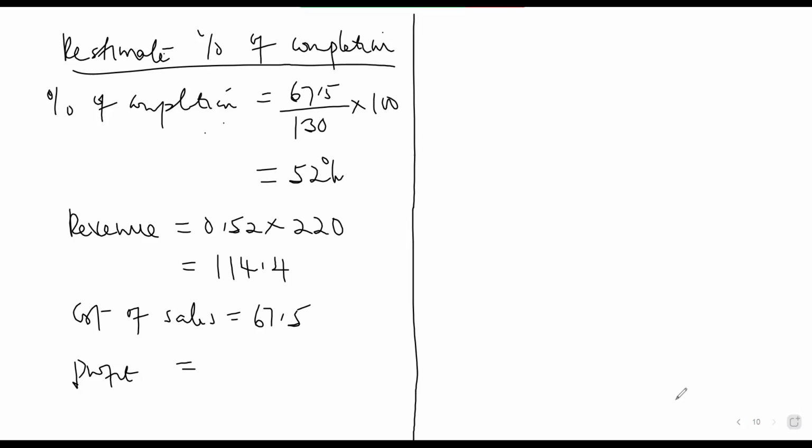The cost incurred to date will still be the same cost. So that will be 46.9. Did you get this? The cost incurred to date has not changed.